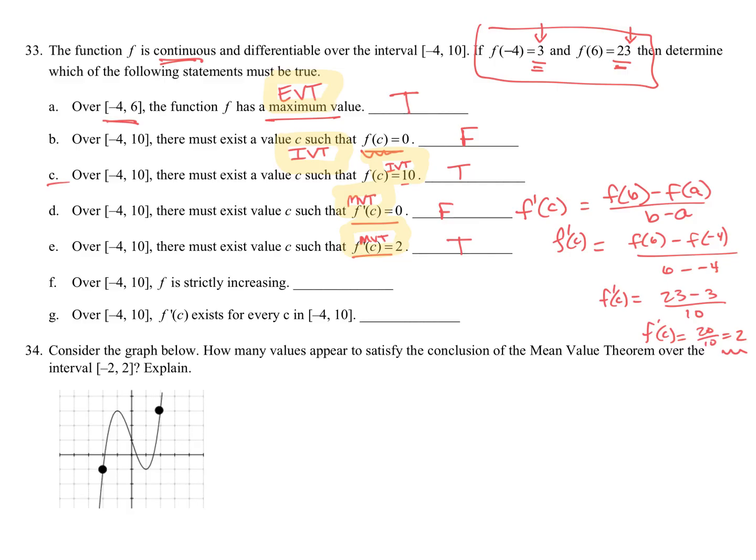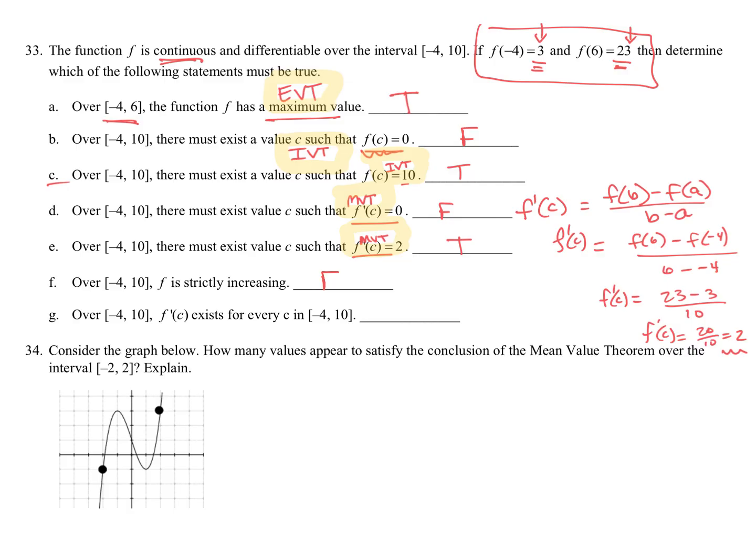Does it say that? It doesn't say that. I know that somehow f is increasing, but is it only increasing? I don't know. There's not enough information there to tell me that. If it said f prime is always greater than 0, then I'm like, yeah, f is always increasing. But it doesn't say that, so I can't assume that.